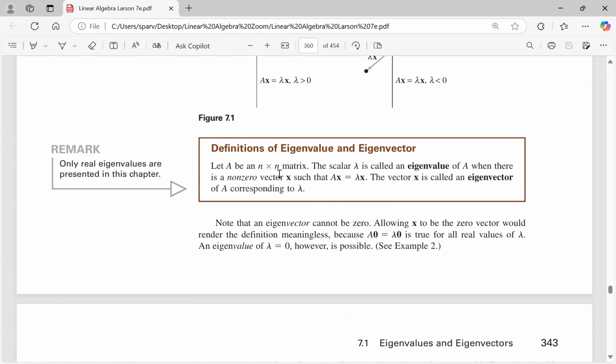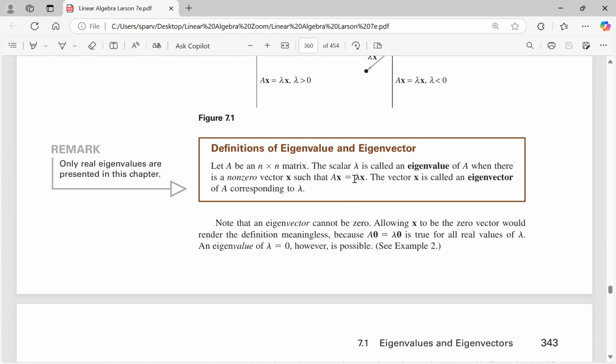Suppose we have again a square matrix A, the matrix of coefficients in the system of equations, and a scalar lambda. Lambda is called an eigenvalue of matrix A if there is a non-zero vector X so that this equality holds.